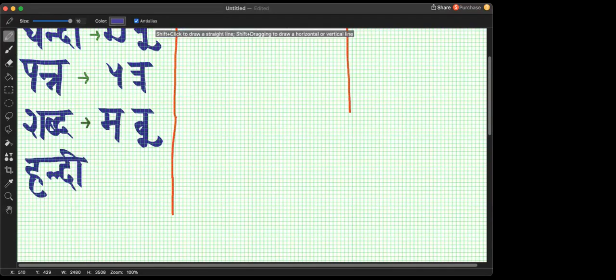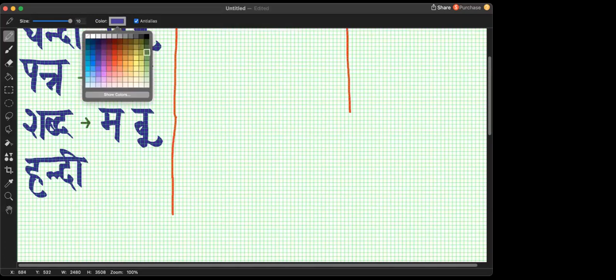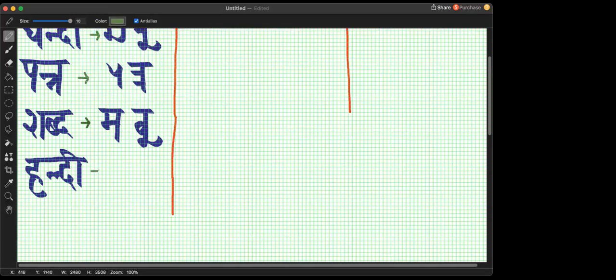We have Haldi. So when you're writing Haldi, first we'll write Ha, where Ha remains same in Sharada. When you're writing Haldi, the first that we hear is La.